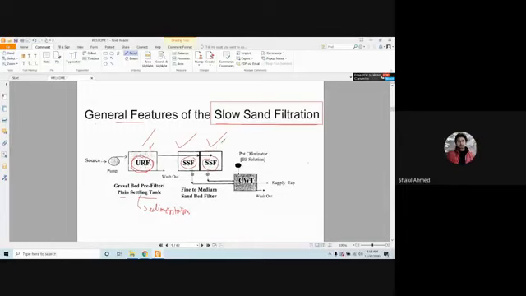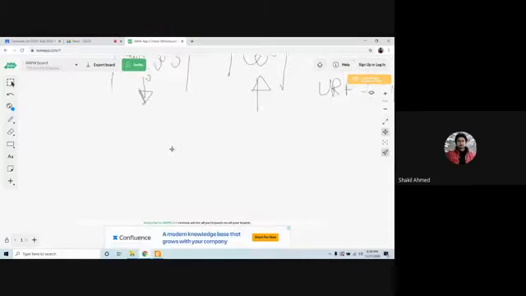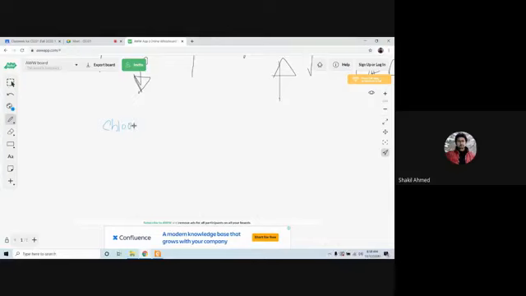Even a single bacteria can harm our health. So what you can do is, finally, before collecting the water, we use chlorination, a chlorinator. Why do you add chlorine? Because chlorine kills the pathogen.